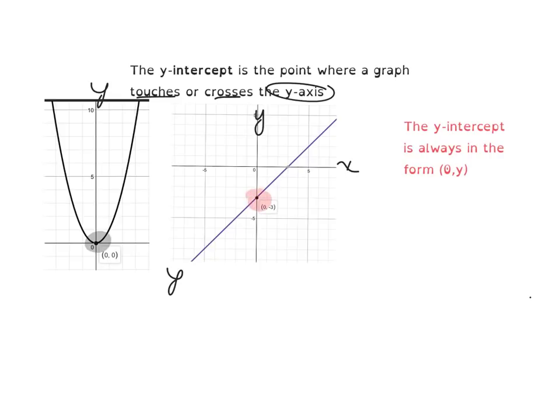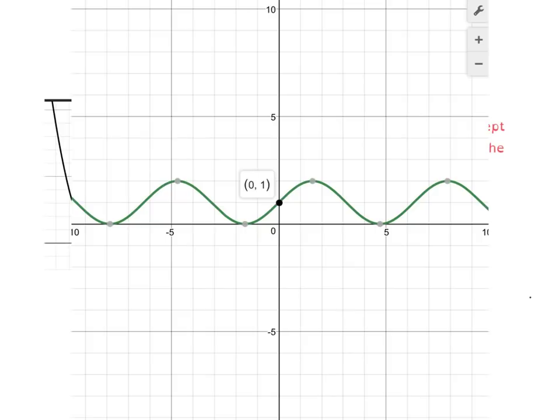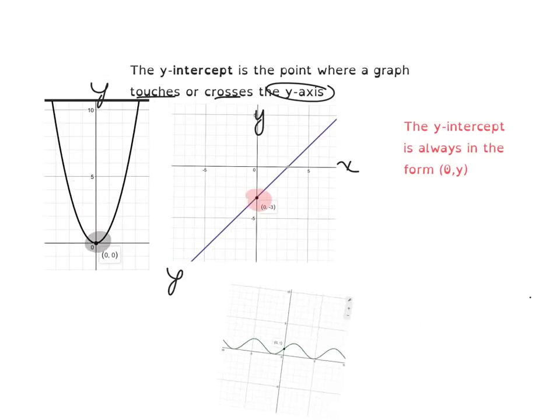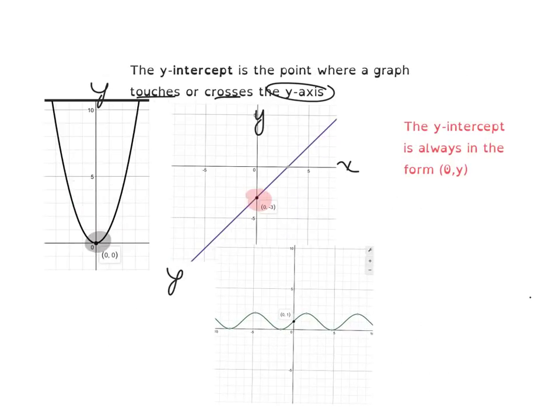If I add one more example just so we can see it, let's go back and look at that curvy one here. Let's put in this one here. So this graph here, the one that I'm just entering into the picture, where does this graph touch the y-axis? So again, I can see that this graph goes all over the place. Where does it touch the y-axis? Well, it touches the y-axis right there.